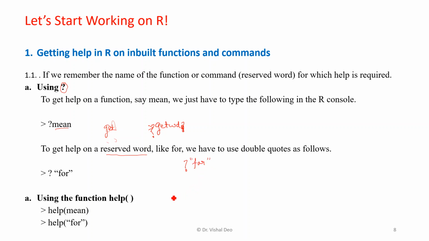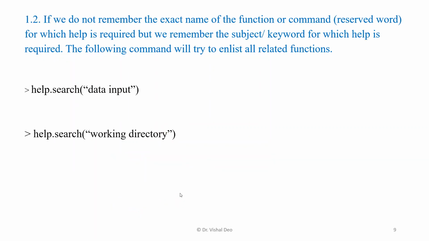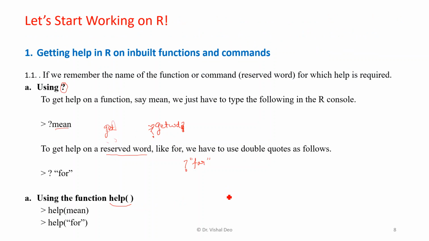Similarly, another function available is the help function, which gives you help on the inbuilt functions. You can write help and then the name of the function, say mean or getwd, and for getting help on any reserved word, again you have to use double quotes inside help.